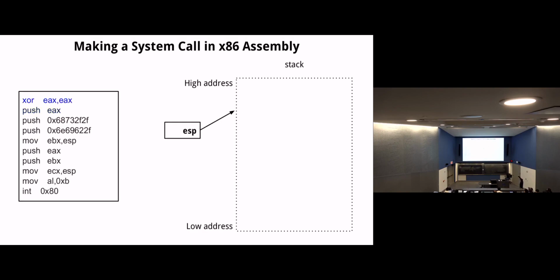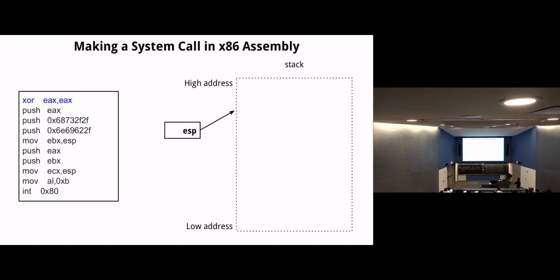So here, let's assume this is our stack. I always draw the high address at the top and the low address at the bottom. The stack goes from top to bottom, okay? The stack grows down. We assume the stack top right now is here, so ESP, the extended stack pointer, points here.